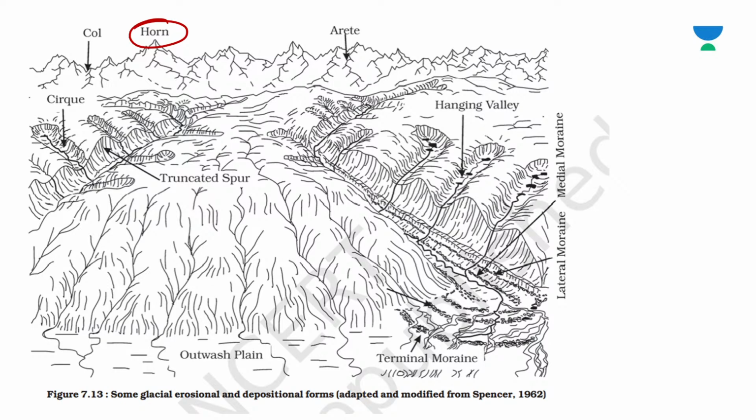The divides between the cirque side walls or head walls get narrow because of progressive erosion and turn into serrated or saw-toothed ridges, sometimes referred to as arêtes, with very sharp crest and zigzag outline.